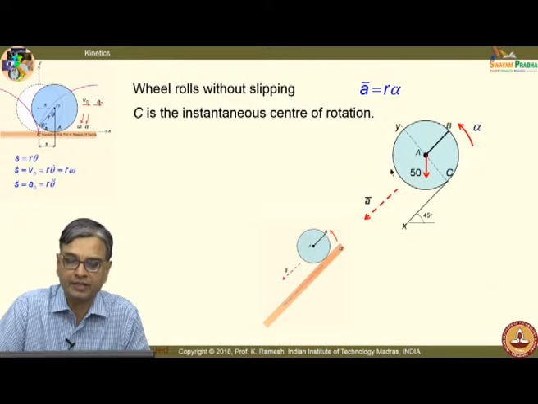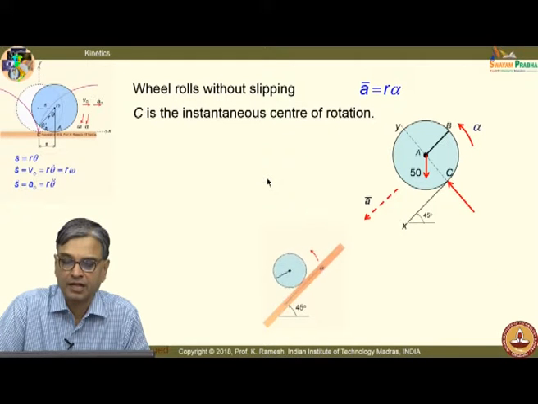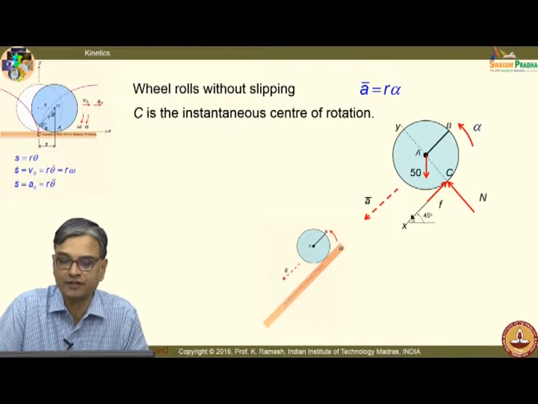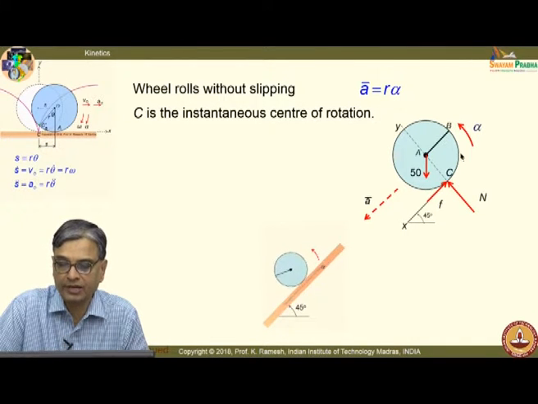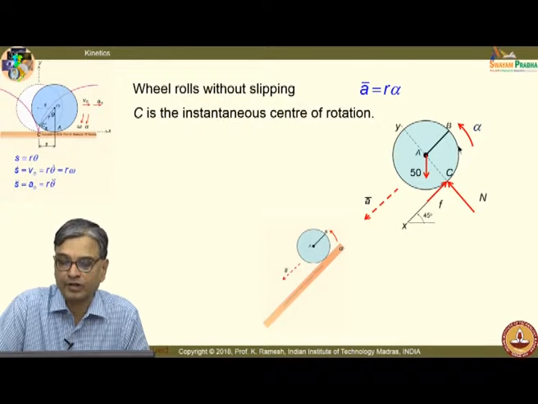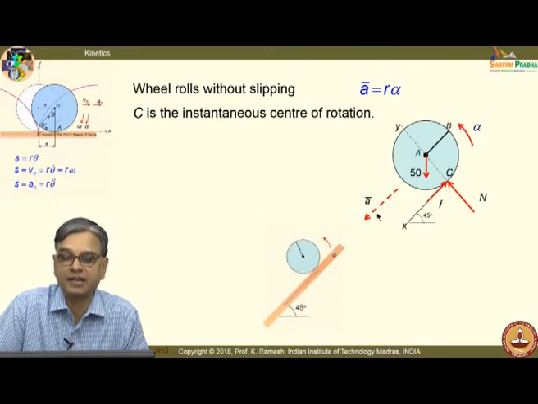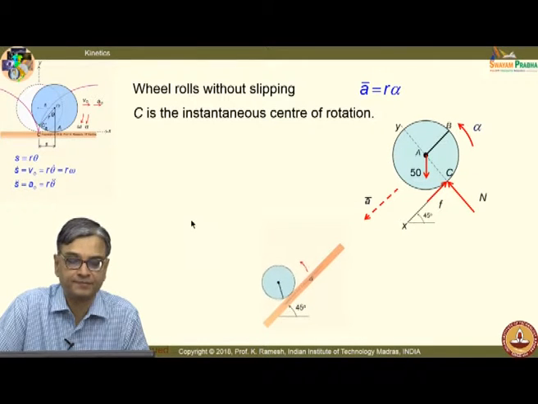And you are given the weight of the disc, and at C you will have an interaction of normal force, and the frictional force will oppose the rolling motion. So, I have this as the frictional force, I label it as F. So, the diagram is complete, including the rotation as well as linear translation acceleration components. So, it is ready to be solved.